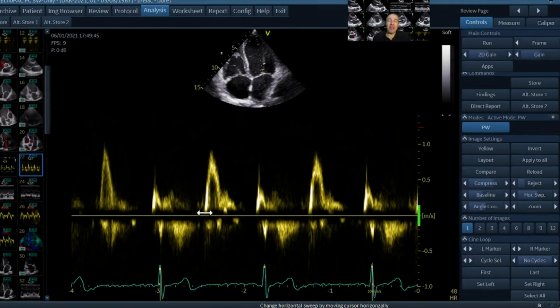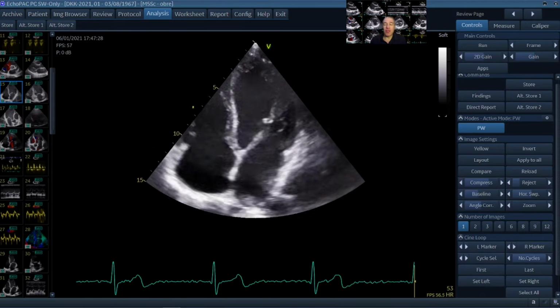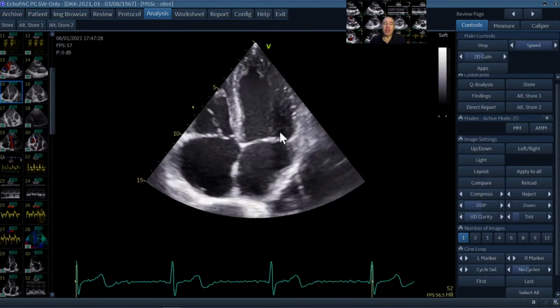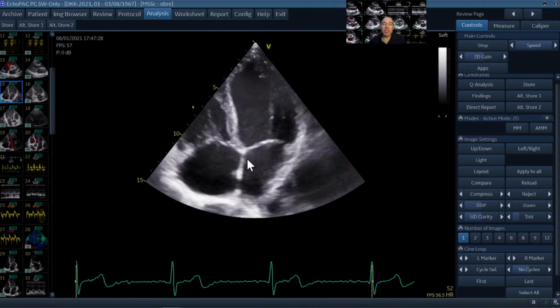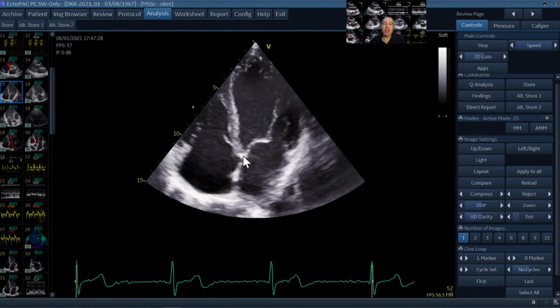So after the standard measurement of the mitral inflow pattern, we might take a closer look at cardiac function by comparing the mitral inflow to the long axis function of the left ventricle. I told you, going back to the apical 4-chamber 2D image, there is a significant long axis motion of the left ventricle.